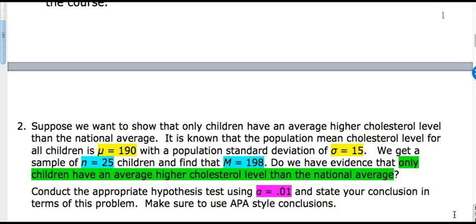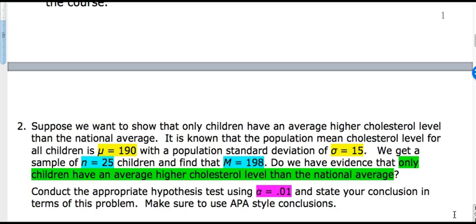We get a sample of n equal to 25 children and find that the sample mean M is equal to 198. Do we have evidence that only children have an average higher cholesterol level than the national average? Conduct the appropriate hypothesis test using alpha equal to 0.01 and state your conclusion in terms of this problem. Make sure to use APA-style conclusions.